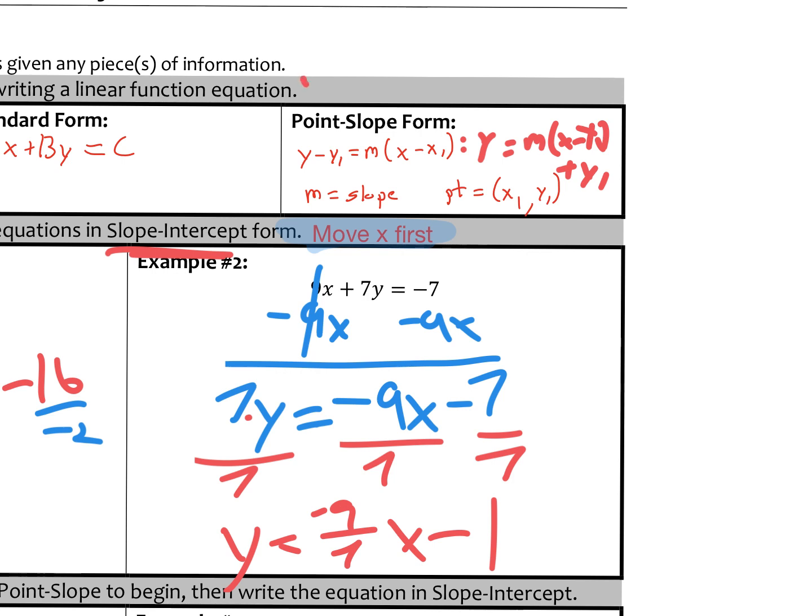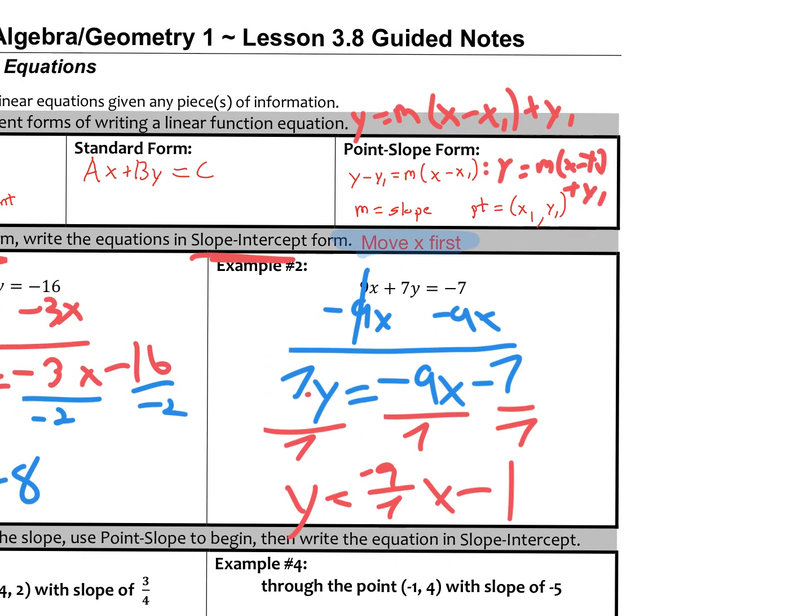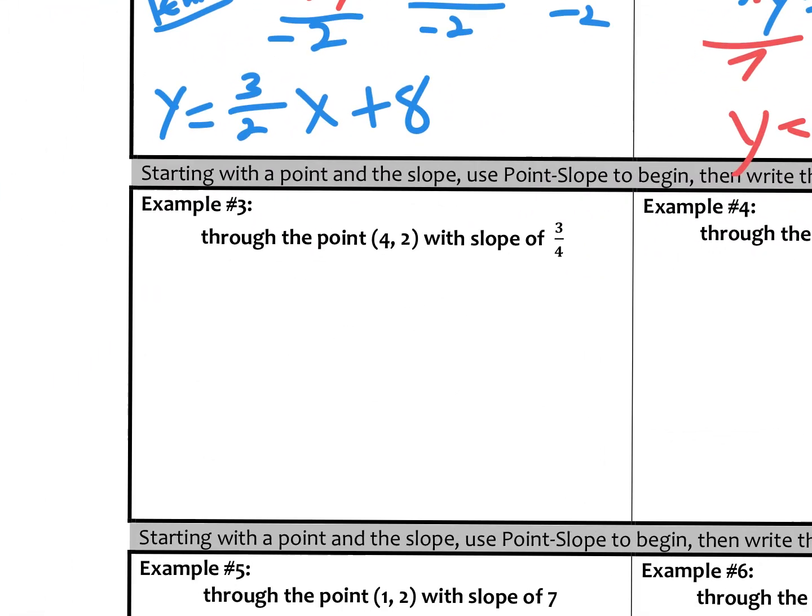I can write it up here. We're going to go ahead and leave it in that form. So write that out. Apologies for the confusion. Again, you can pause anytime if I'm going too fast. So point slope form: y equals m(x minus x1) plus y1.